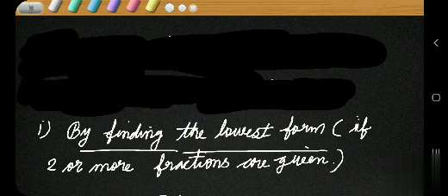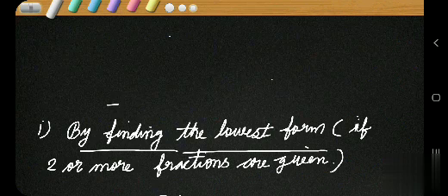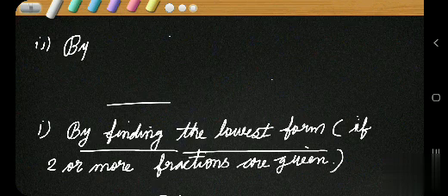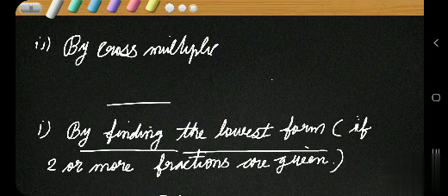Now please write it down. The second method is known as cross multiplication method, or by cross multiplication.